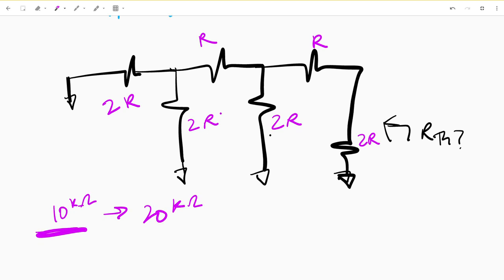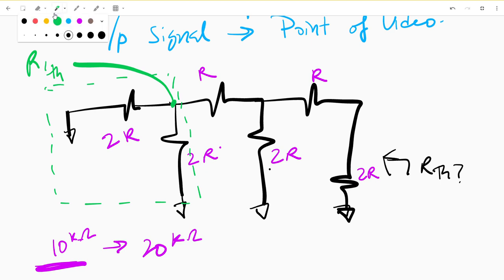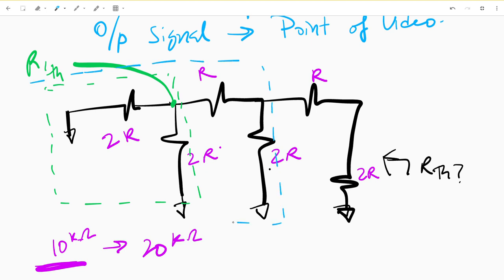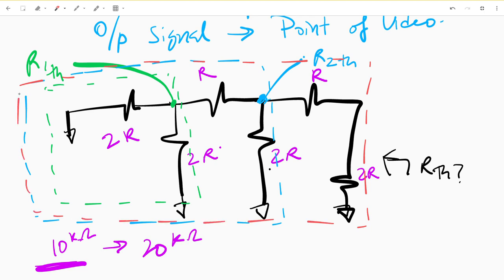So in order to do this, we break this circuit down into 3 different circuits, where we consider the green to be R1 TH, and then we consider the blue, this point here, to be R2 TH, and lastly we consider the red, which is the entire circuit, to be right here, and this is R3 TH, which is equal to RTH.